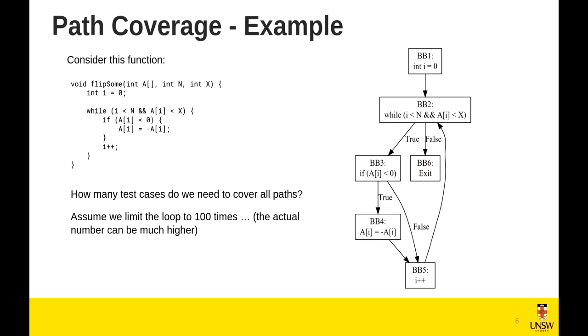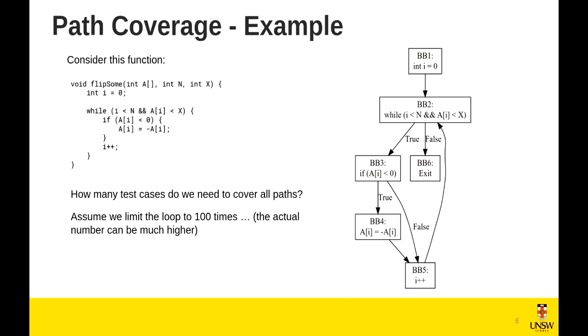Let's assume we get into the loop 0 times. How many paths could we have? One path: we just go through the false branch here. If we get into the loop once, how many paths can we get? Actually 2.